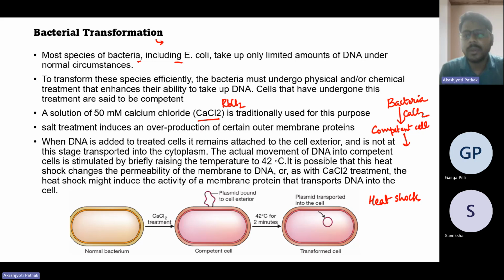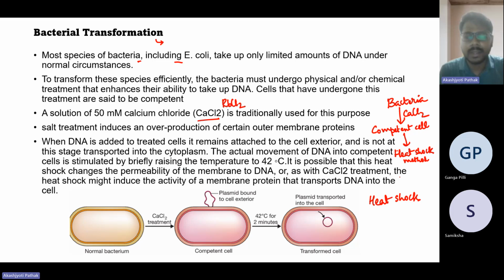Now you have to take these competent cells and follow a heat shock method. These competent cells are first placed in ice for around 15 minutes. After that, the plasmid is added to the bacteria. After adding the plasmid, the bacteria is given a heat shock.